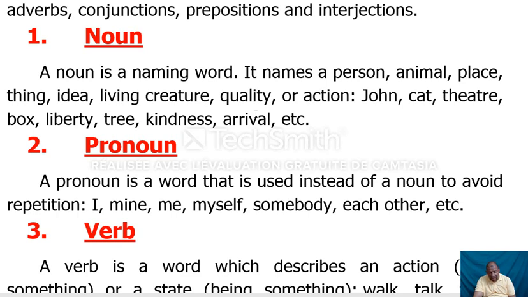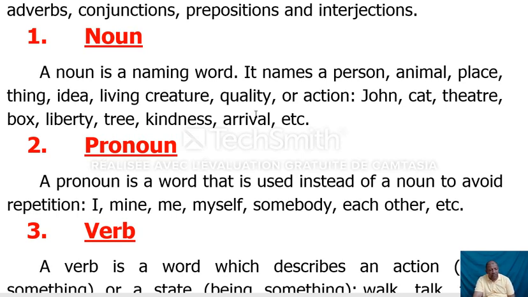And here are some examples in front of you. We have John, cat, theater, box, liberty, tree, kindness, arrival, etc. So the first category is nouns.